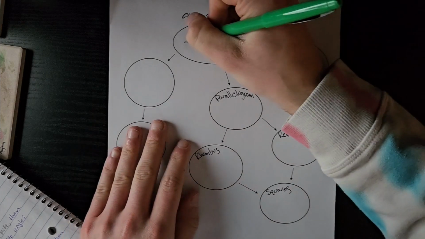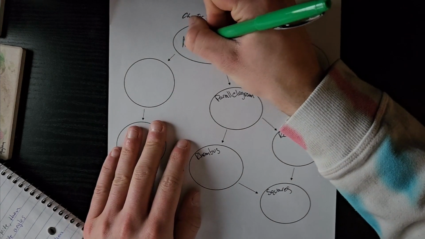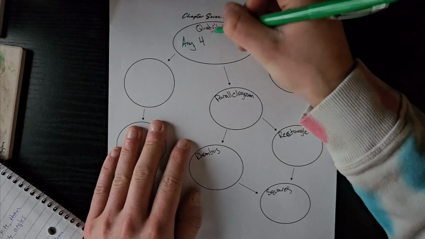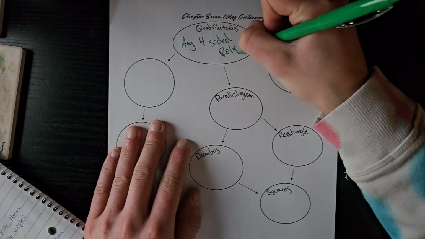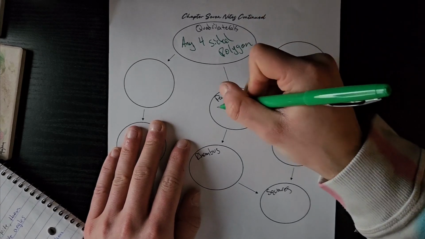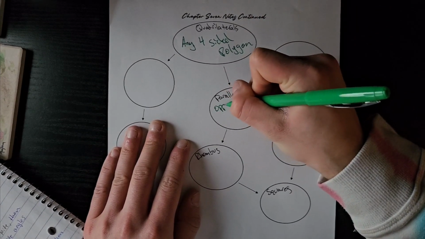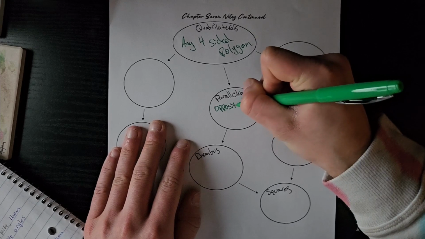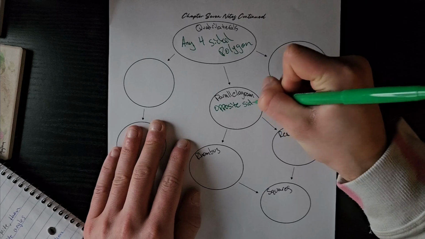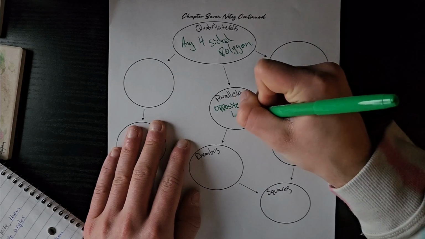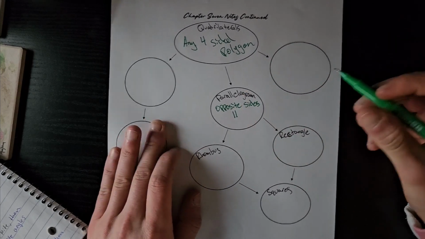So for quadrilaterals, this is any four-sided polygon. For parallelograms, the key thing to know is that they are four-sided polygons that have opposite sides parallel to each other. That's the key thing for that.